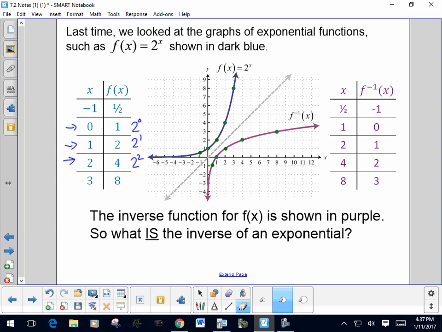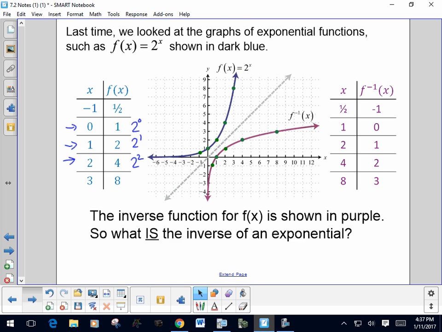If we put 1 in, we get 0. If we put 2 in for x, we get 1. My question to you is, what is this inverse? What's the inverse function of an exponential?